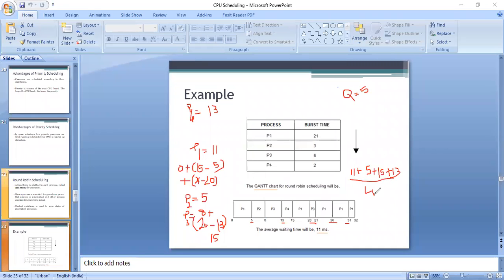Right? So what would be the result? It's 11. So the average waiting time is 11 here. So this is about the round robin algorithm, how it works.